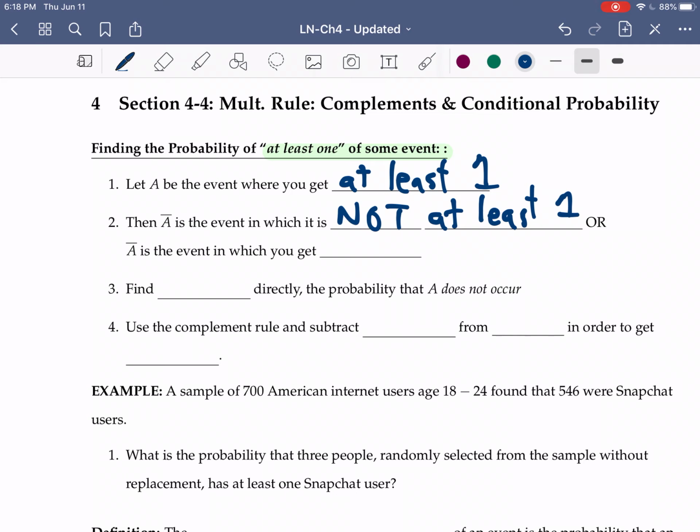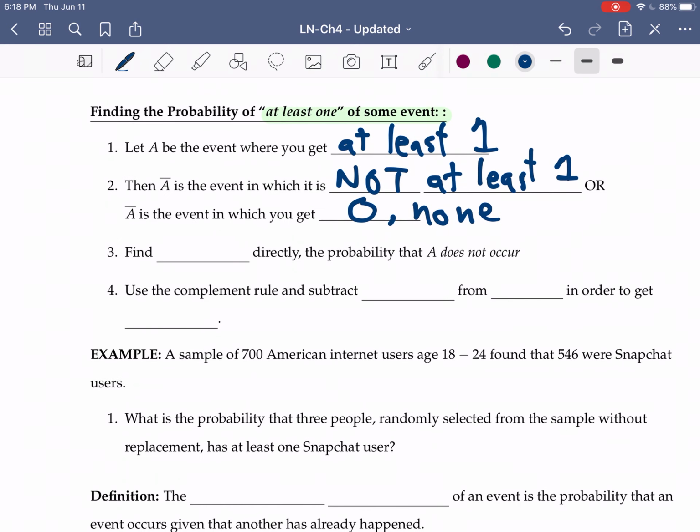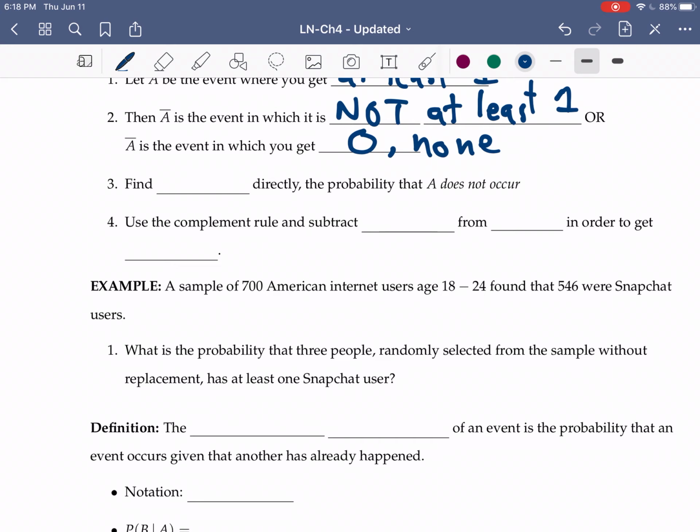If it's not at least one, in the kinds of things we're going to look at, that's going to mean that we get 0 or none of something. You get nothing. So that is the complement. We want to find the probability of that complement, the probability that we get none.